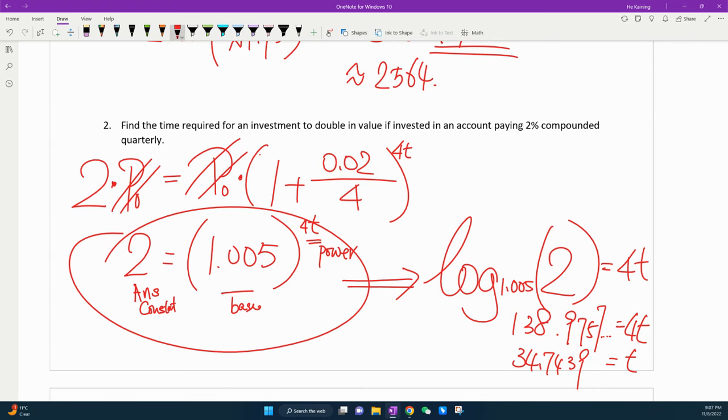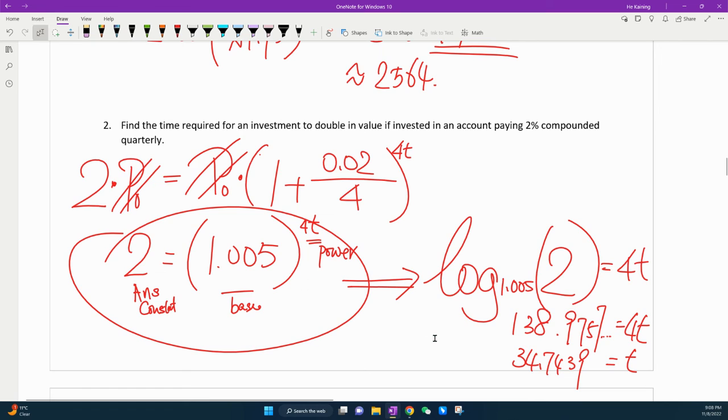So it's around 34.74 years. Or you can call it 34 years and 3/4, or three seasons, if you would like to call it that way. Because it's in years, we can actually round up or round down because it says approximately what time. So you can actually say 34.5 years, 34 years and 3/4, 34 years and 3 seasons.